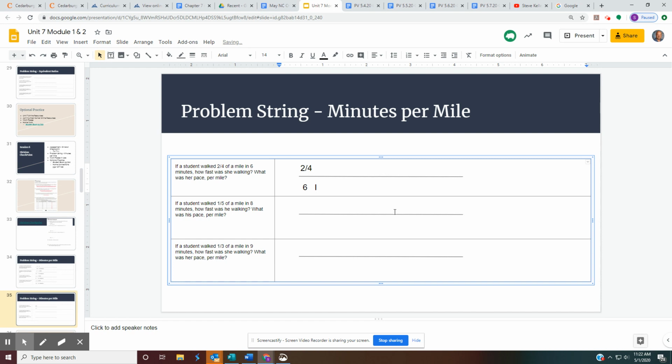But I do know that 2/4 is equal to 1/2. It's kind of a trick question, right? So we're doing 1/2 in 6 minutes. So that would be the same, right?